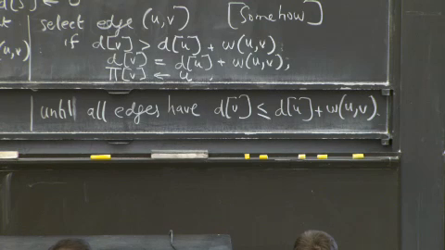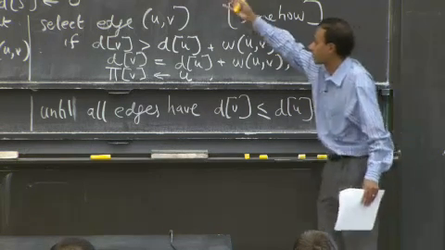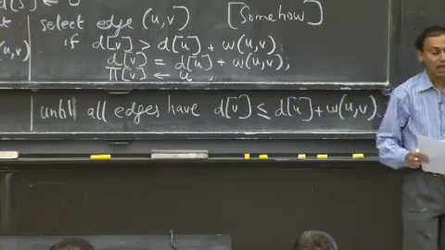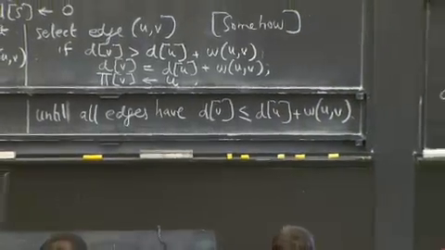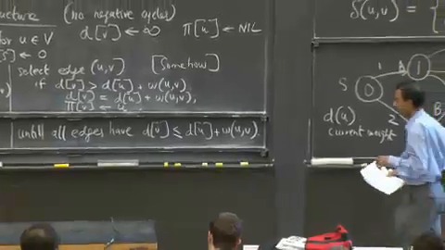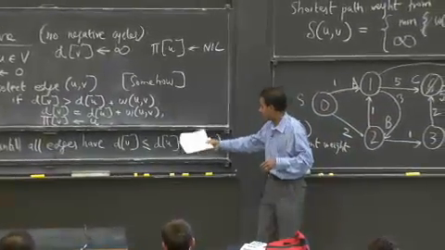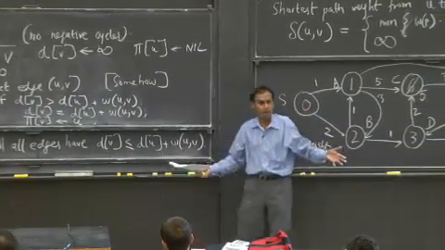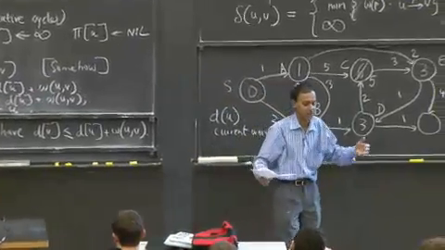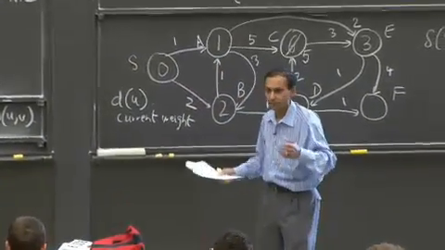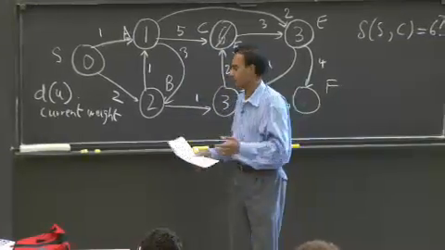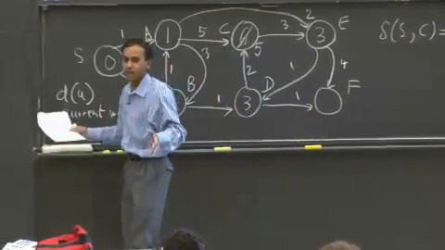It will work for no negative cycles, and if you just randomly select these edges and keep going, I'll give you an example in a minute where it works pretty badly. But this is an algorithm, right? So I guess I lied when I said we weren't going to give you an algorithm. It's just an algorithm that you never want to implement.